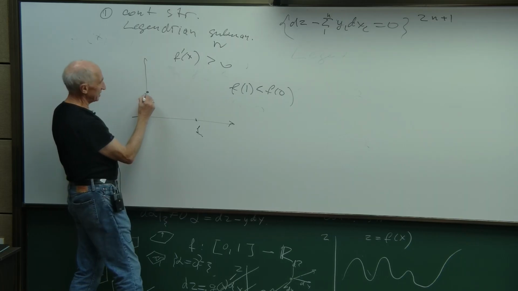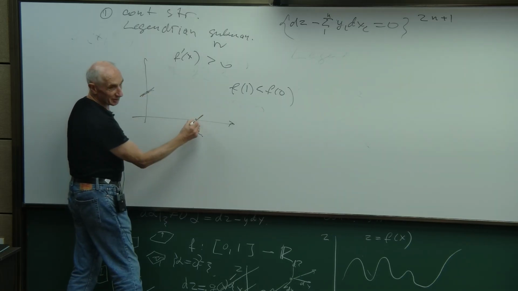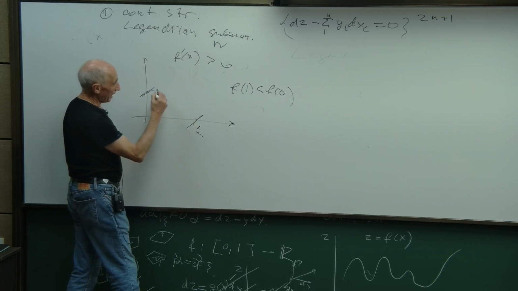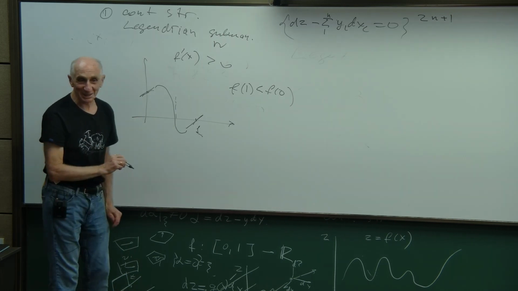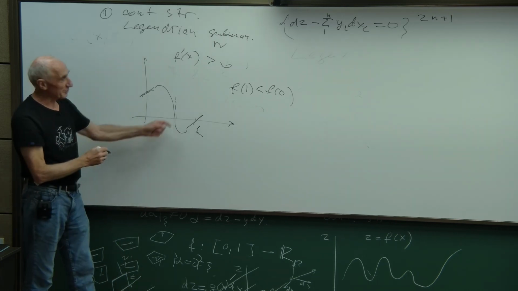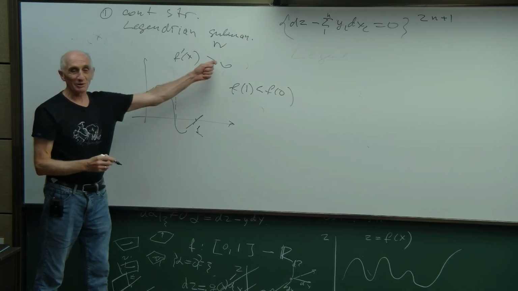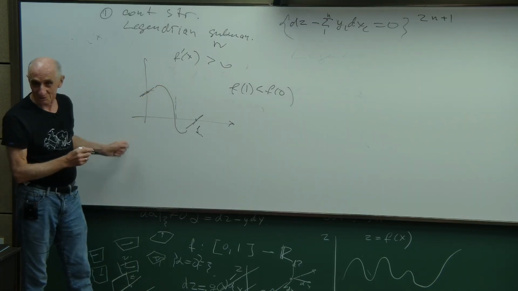So you start here and you want to come here, and you want to do it with a positive derivative. This is difficult to do, right? We study in calculus that it's not possible. If the derivative is positive, then the value at this end has to be bigger than the value at this end.